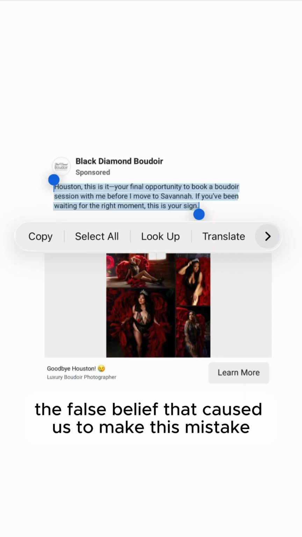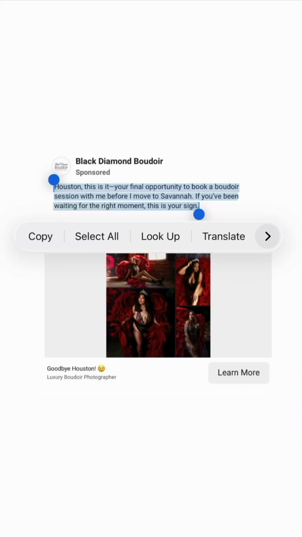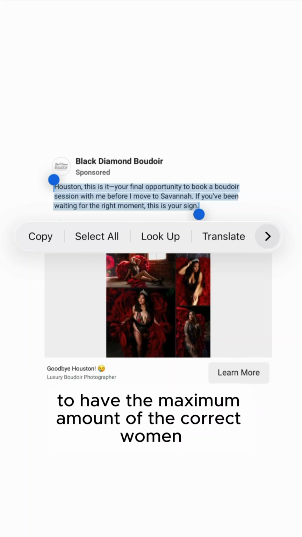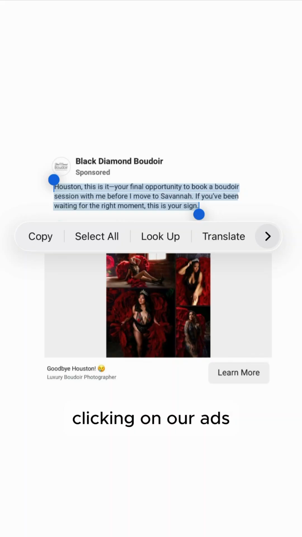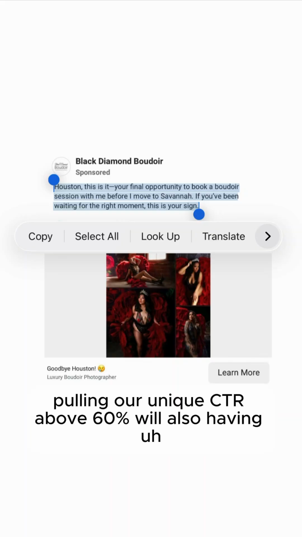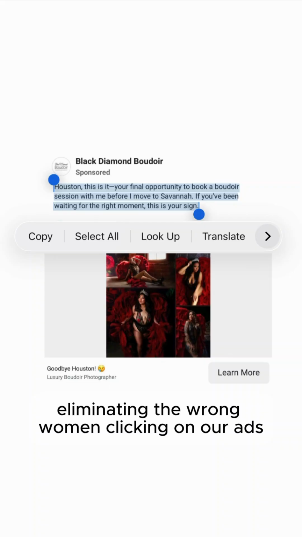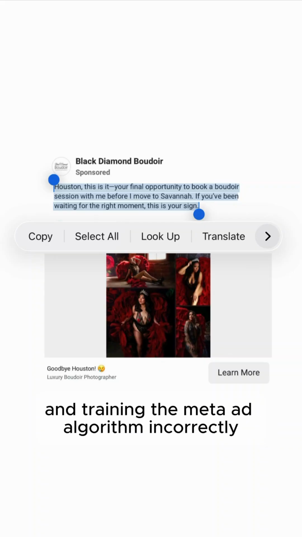The false belief that caused us to make this mistake is that we actually believe that we have enough context here to have the maximum amount of the correct women clicking on our ads, pulling our unique CTRL above 6%, while also eliminating the wrong women clicking on our ads, which would be wasting our money and training the meta ad algorithm incorrectly.